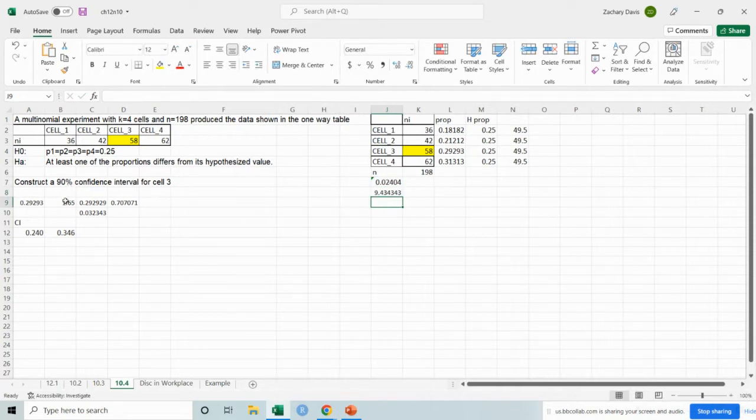For constructing a 90% confidence interval, we were given that value, right? So 58 divided by 198 gives us 0.2929, etc. The 1.65 is the special t number that we need for 90%. And then we have our value with our standard error, and we multiply that out.